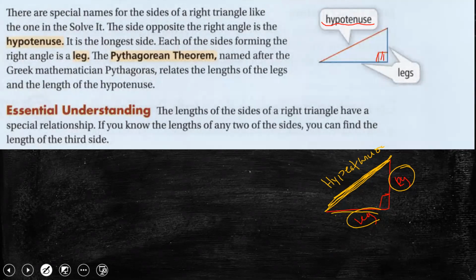Or if you know the length of the hypotenuse and the length of the first leg, and you need to find the other leg, you will go also to the Pythagorean theorem. So the Pythagorean theorem makes a relation between the first leg, the second leg, and the hypotenuse.